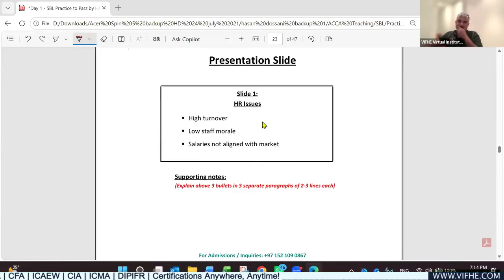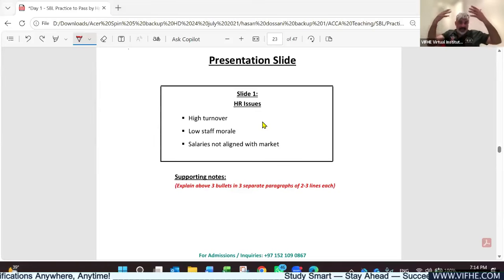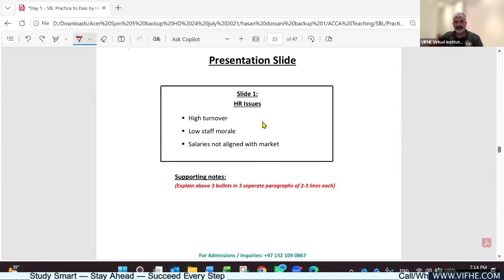Is it clear? So the bullet points will be in the slide. I repeat, the bullet points will be in the slide and the explanation will be under supporting notes or speaker notes.